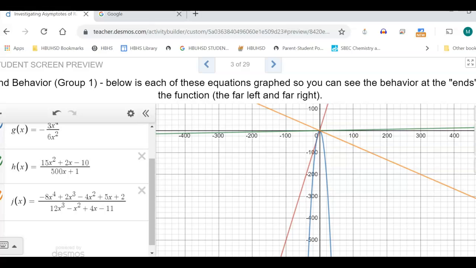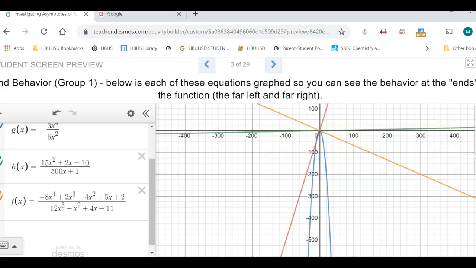Let's look at this blue one that looks like a parabola. The left end goes towards negative infinity. The right end goes towards negative infinity. Let's look at this orange one. The right end goes towards negative infinity. The left end goes towards positive infinity.